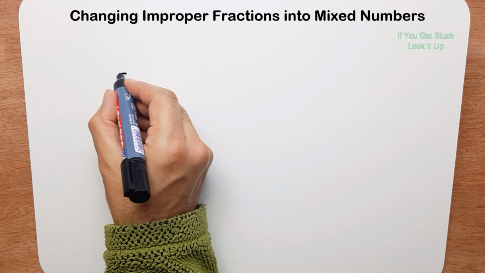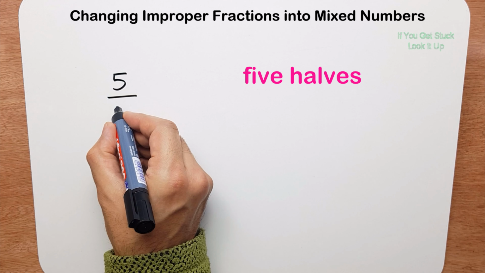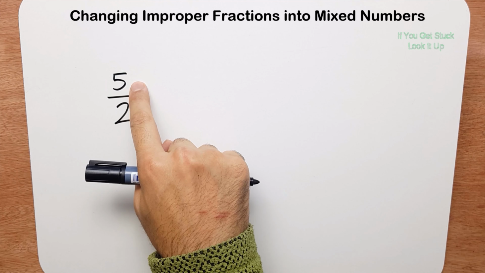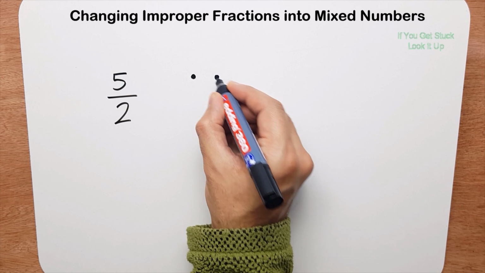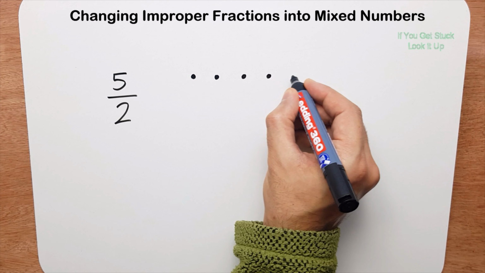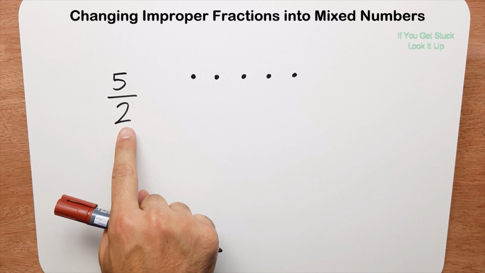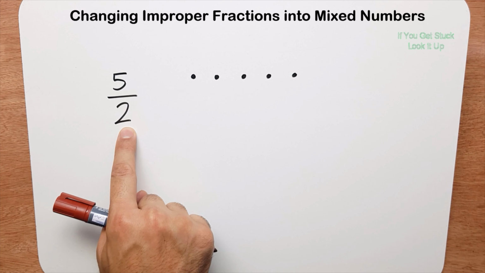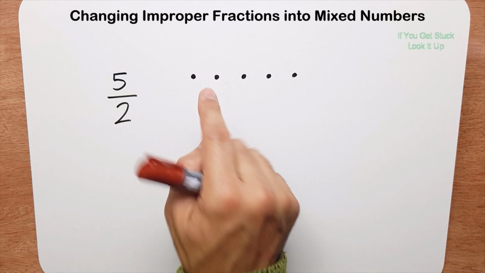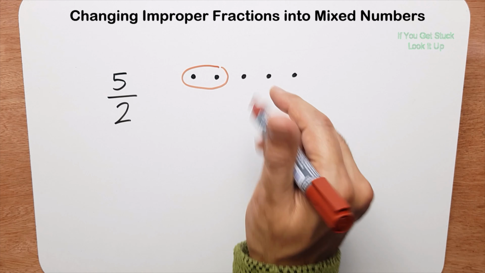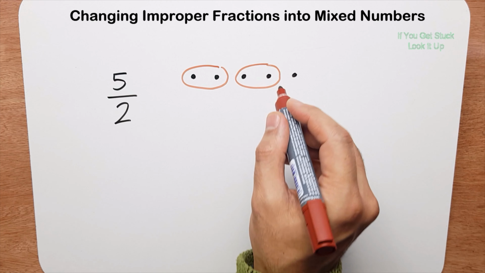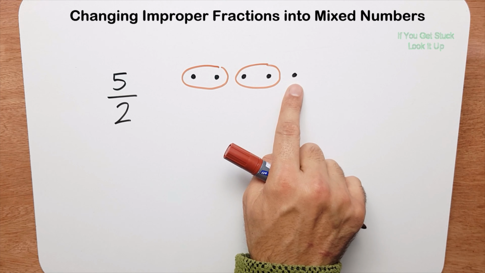The next example is 5 halves. The numerator or the top number is 5, so I've got 5 pieces. 1, 2, 3, 4, 5. The bottom number or the denominator is 2, so I've got 2 in each group. So 1, 2. My first group, 1, 2. My second group, 1, 2. My third, 1. I've not got enough for another group, so that's my remainder.